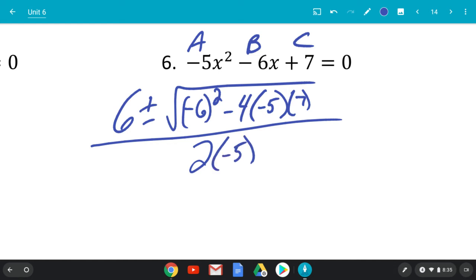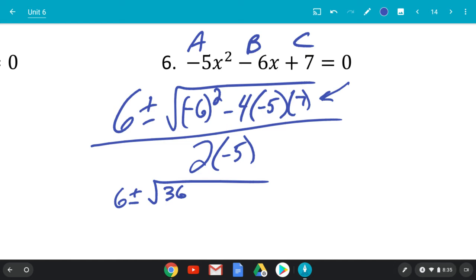Everybody okay with that plugging it in? Anybody difficulty there? That really can be difficult for some people. So now let me simplify this discriminant in here. So I have 6 plus or minus the square root. Well, negative 6 squared is 36.